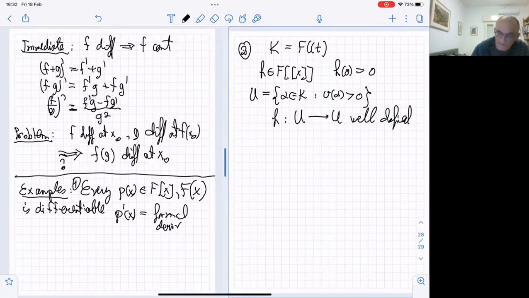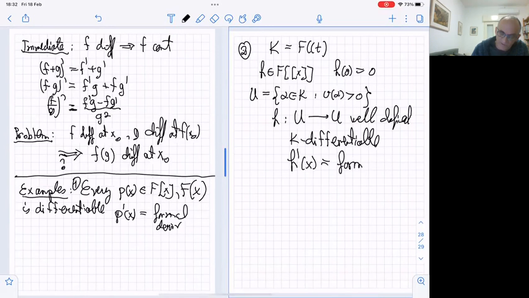Differentiable with respect to K, this is our field. And its derivative is again the formal power series, the formal derivation, yes? So h prime of x is just the formal derivative term by term of the power series. So everything works as smoothly as we can expect.